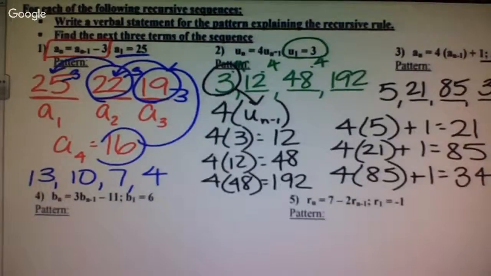Why does it say minus 1? I know it's to get the previous one, but why is it always there? Because to get this number, I need to go back 1. To get this number, I need to go back 1. It's telling you what number gets plugged in to here.